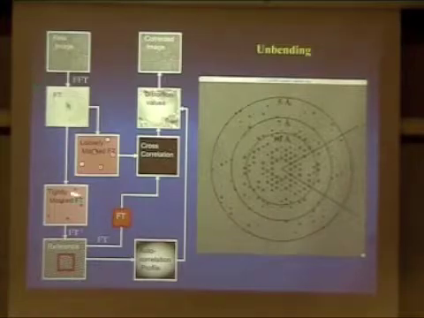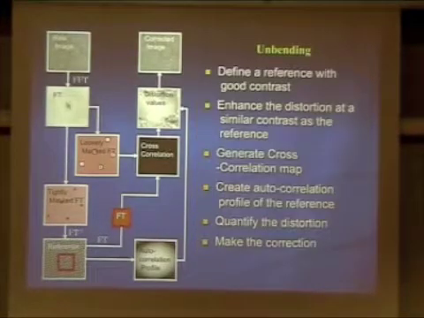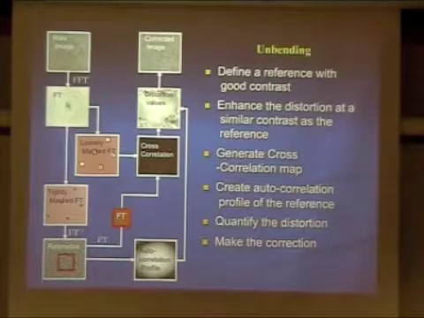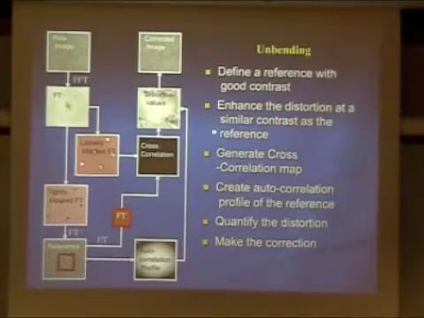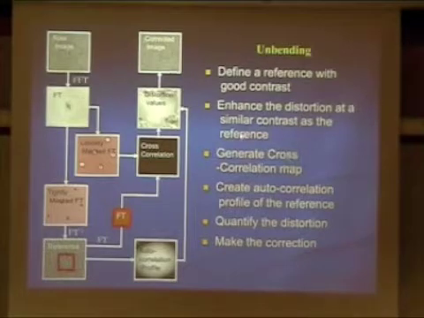So here's the process. It consists of a few parts. The first is to define a reference with a good contrast, because the raw image, even if you know where the reference is, has no contrast, and the computer will have a hard time using that in the computation. The second thing is to enhance the distorted image in the same way, so that you get a good contrast image like the reference.